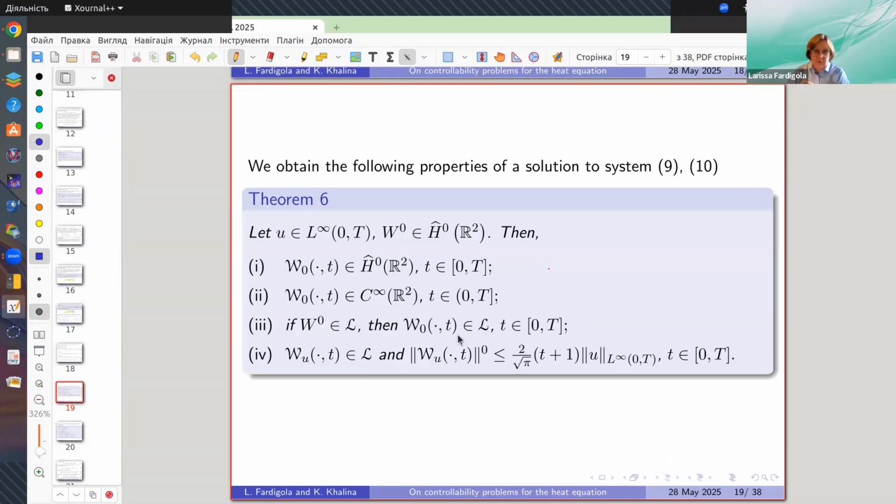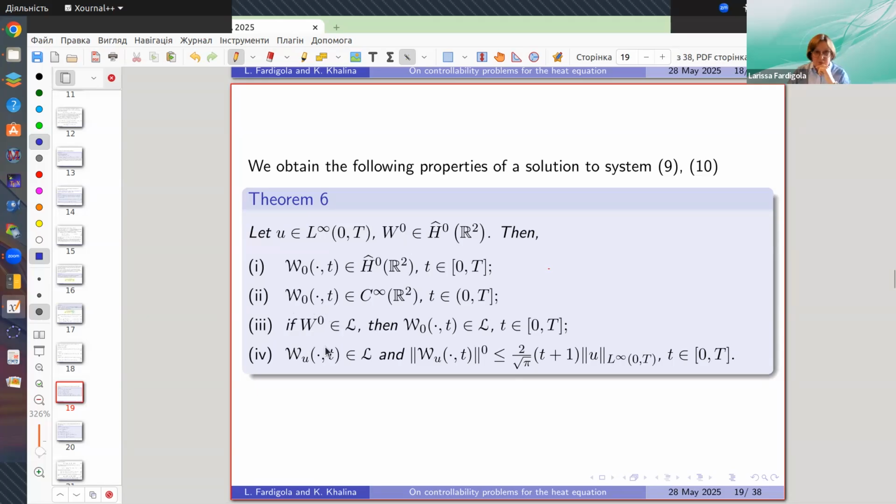We have some properties of our solution. The first part of our solution that depends on the initial condition belongs to h hat 0 of r square for each t, and for t greater than 0, we have that this part of the solution is infinitely differentiable.